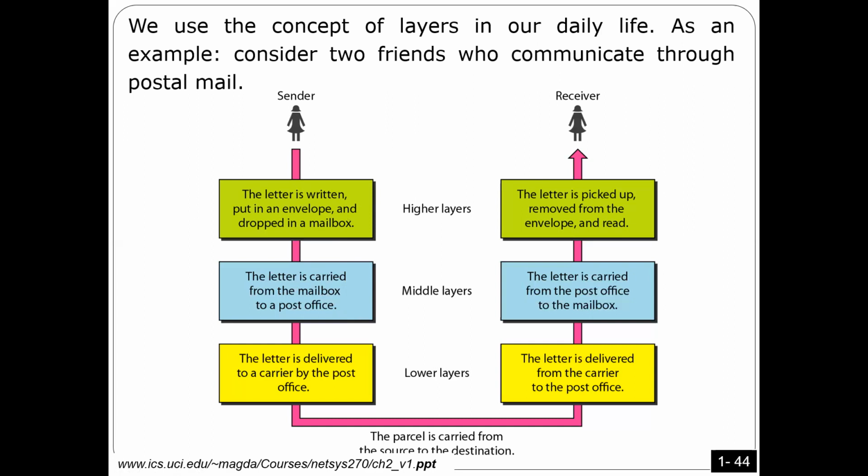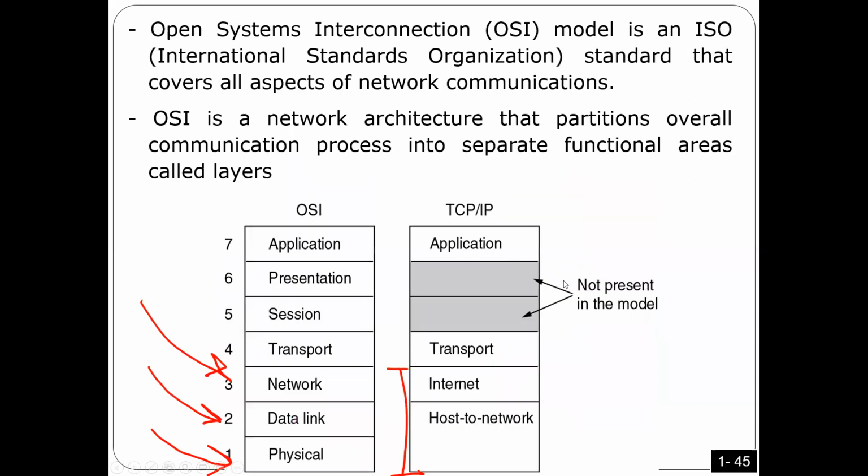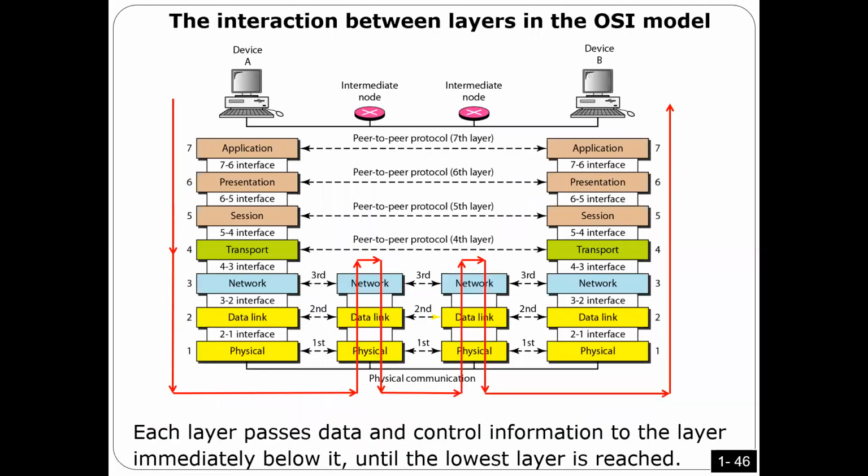This is another phase. The third one, the letter is delivered from this office to the other office at the receiver. Okay, and then you can see we have phases here, and everything we do here, we're gonna do the opposite at the other end. So for example, here you put the letter in an envelope, there we're gonna remove it from the envelope. Anyway, so it's almost the same thing here. We have different layers.